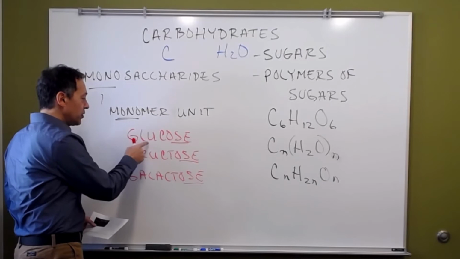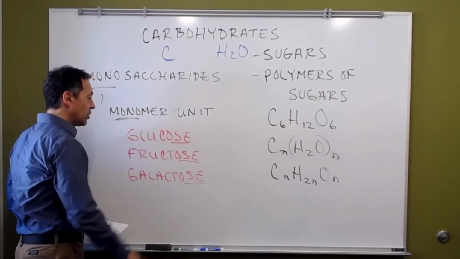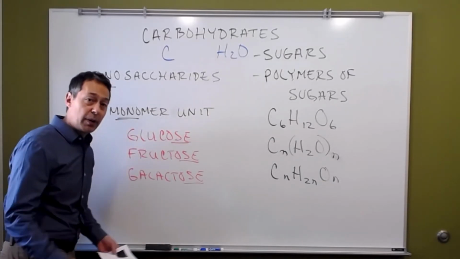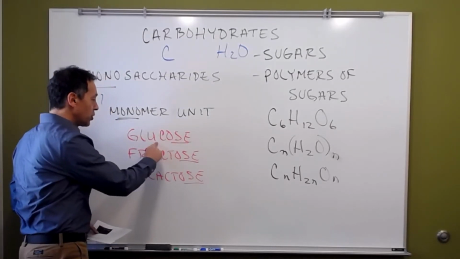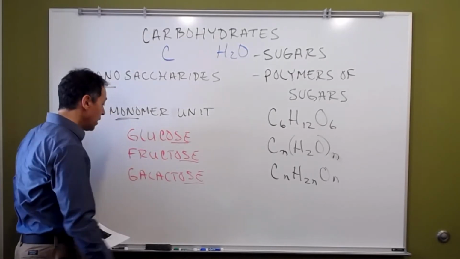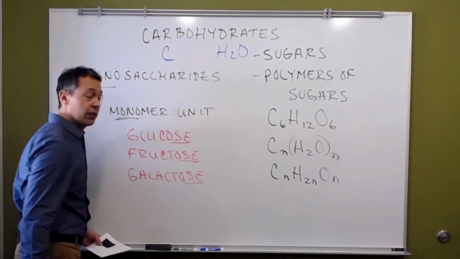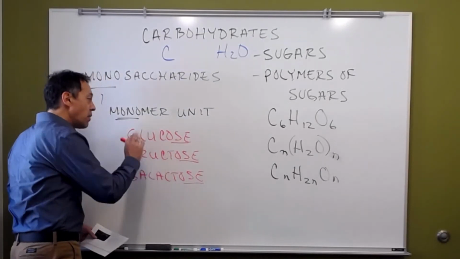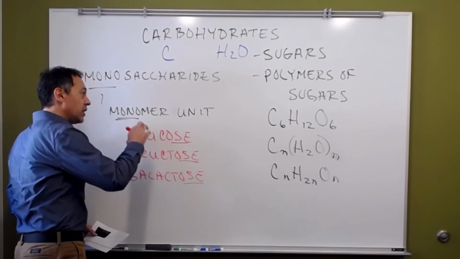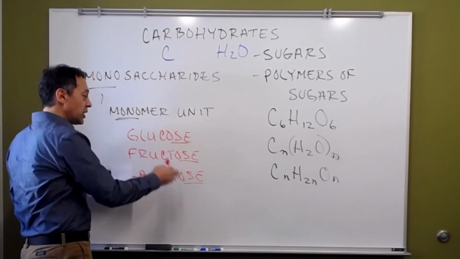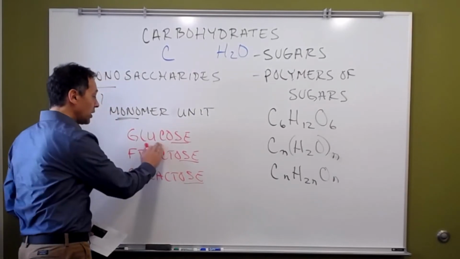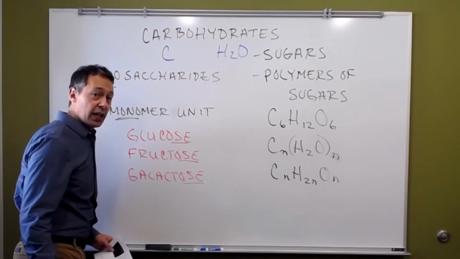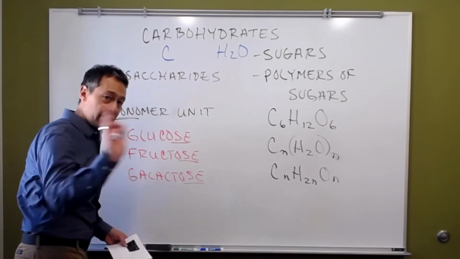Glucose is found in your blood supply. If you're diabetic, you're probably monitoring your glucose levels. This is also the only energy source that the brain relies on. Fructose is found in fruit. So these are just monomers of carbohydrates that we could string together and make larger molecules. And we'll take a look at the actual structures of these in a later video.